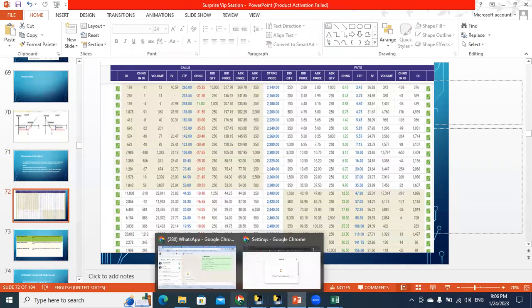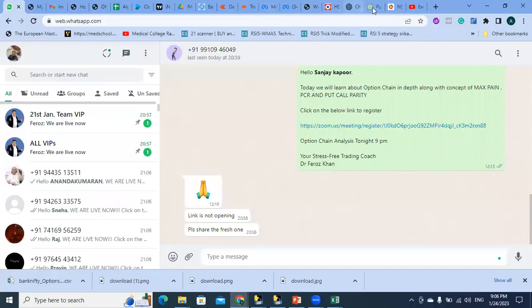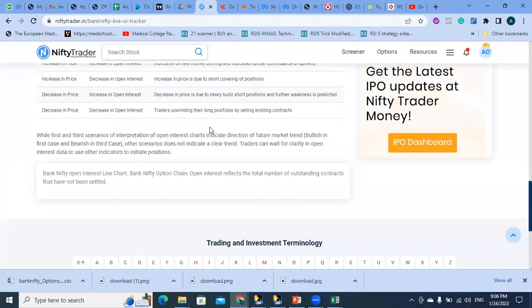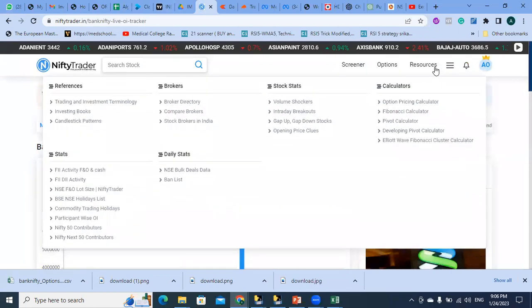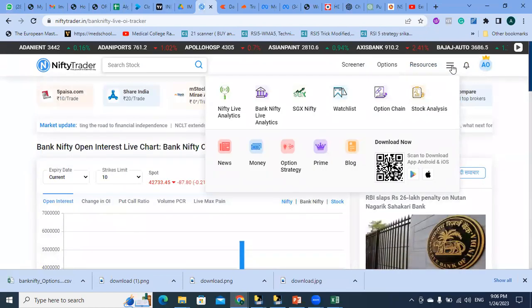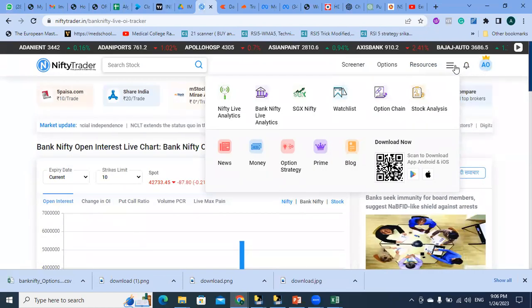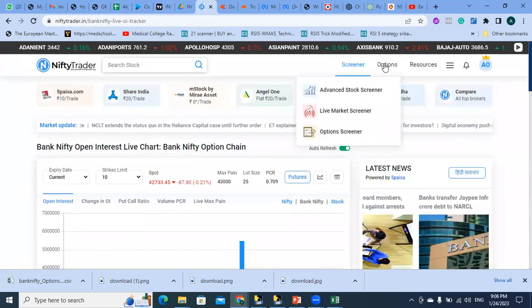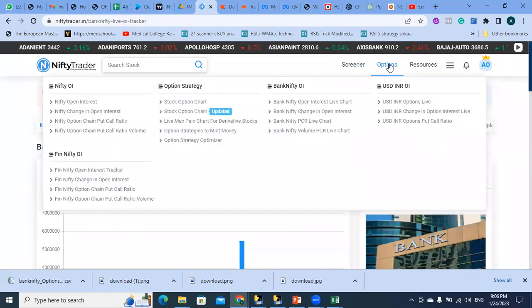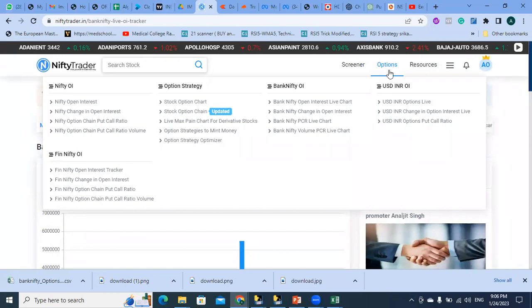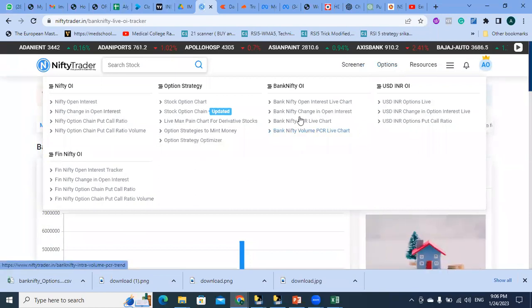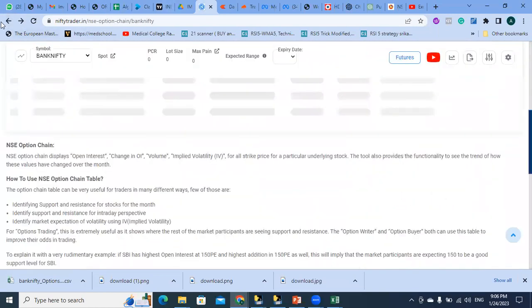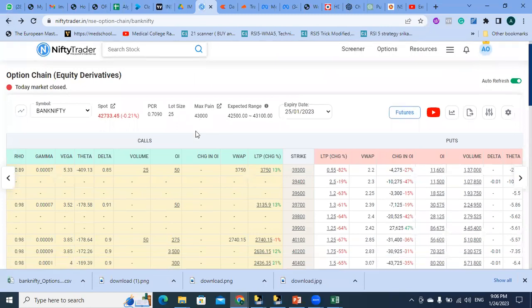So let us go and see something which is going on presently in the market. So if you see this, let me take you to the option chain.